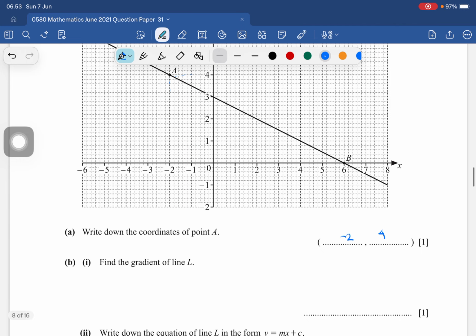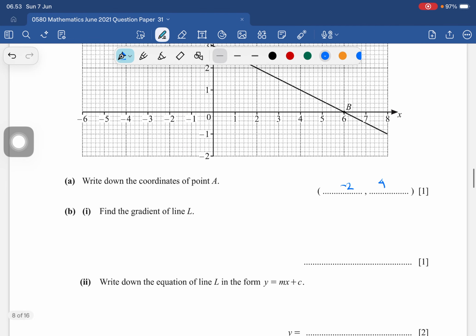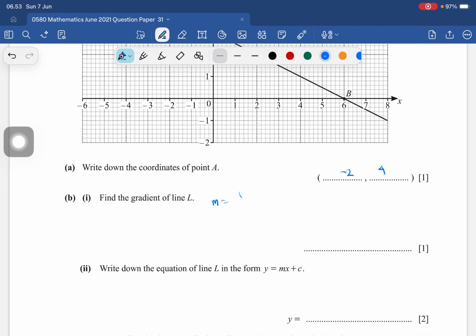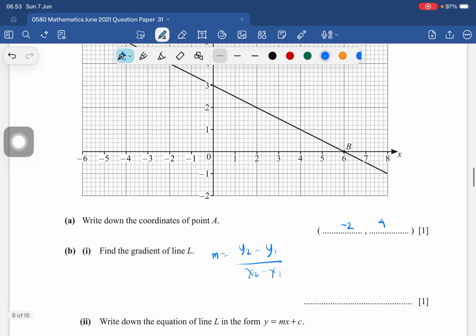Find the gradient of line L. The gradient m is y2 minus y1 divided by x2 minus x1. We have A here, so let us find the coordinate of B, which is (6, 0).